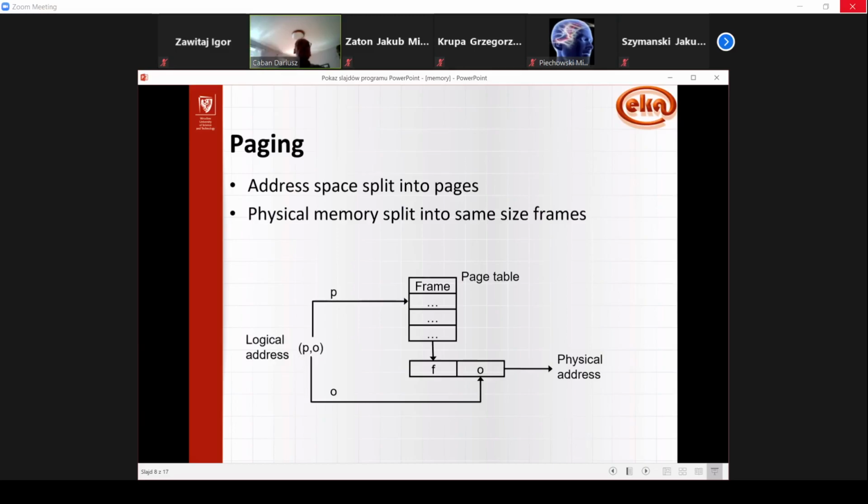There will be some part of the page that is unused. Since you allocate memory by pages, the last page allocated to your program will not be fully used. So there will still be a hole in the memory that you cannot use for other programs.